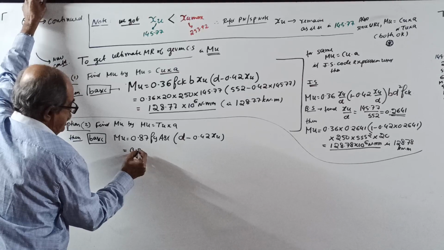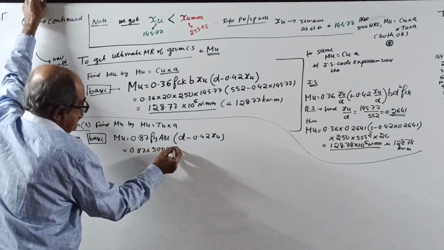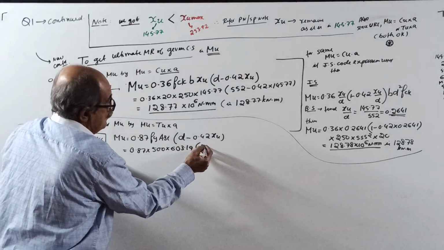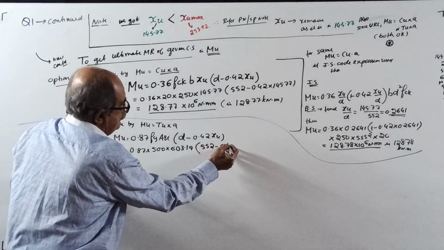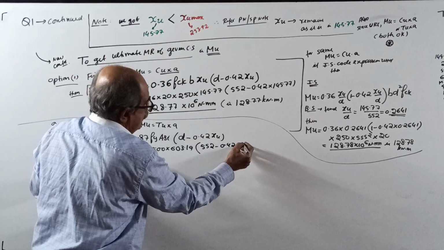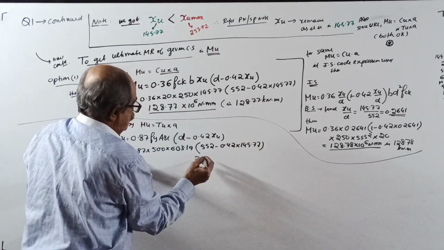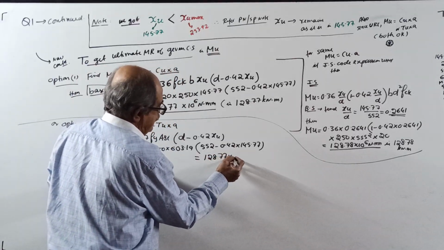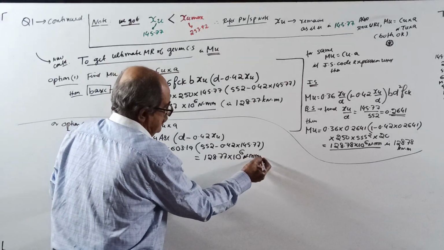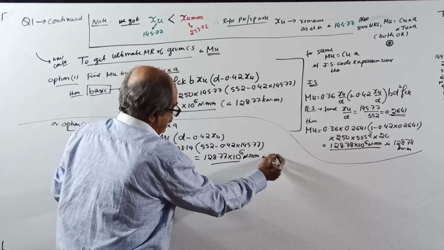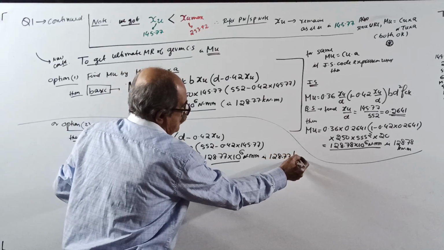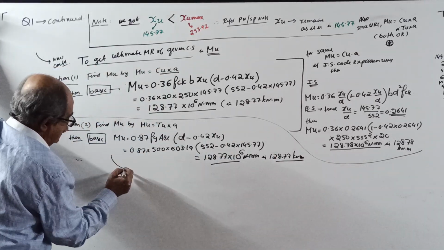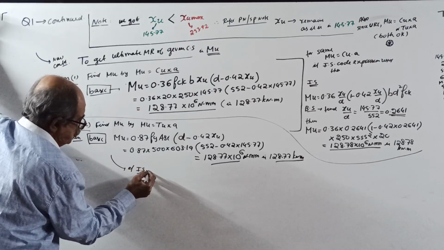Substitute: 0.87 fy is 500, Ast is 603.19, into bracket d 552 minus 0.42 into Xu which is 145.77, equal to 128.77 into 10 to the power 6 Newton millimeter, that is 128.77 kilonewton meter.